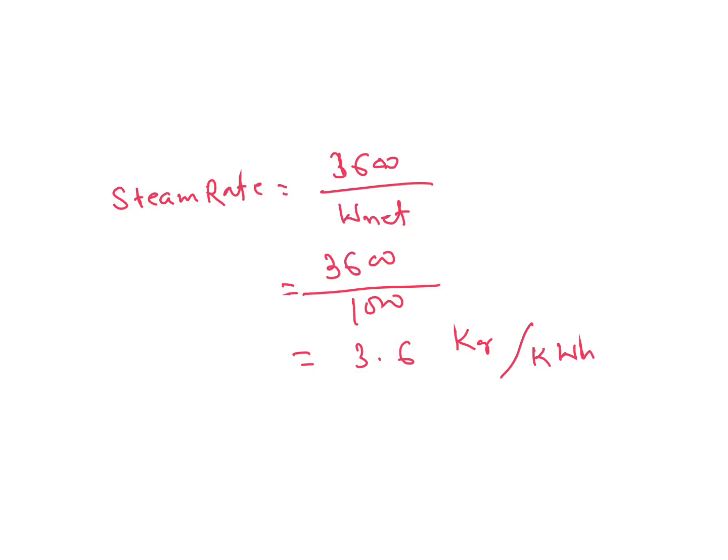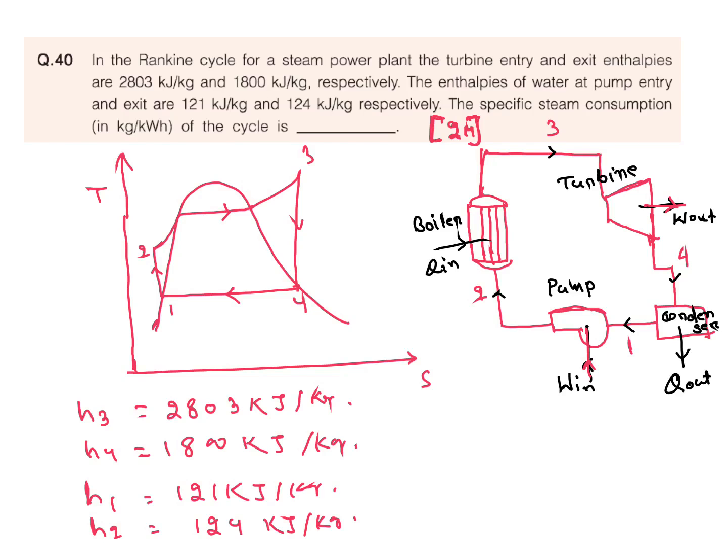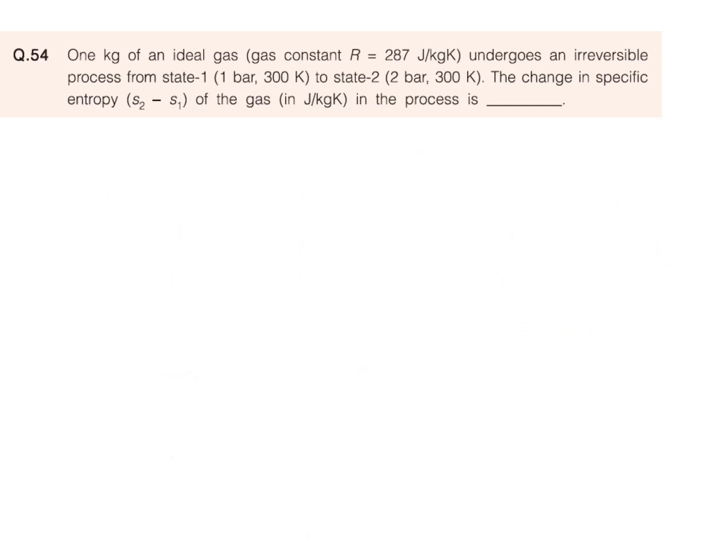That time you have to check in which unit they ask the question, and decide whether you have to multiply or not according to that unit. So here they ask kilowatt hour, so 3.6 is the answer. Numerical value is 3.6, unit is kg per kilowatt hour. You just have to enter the numerical value 3.6. This is also a 2 mark question.